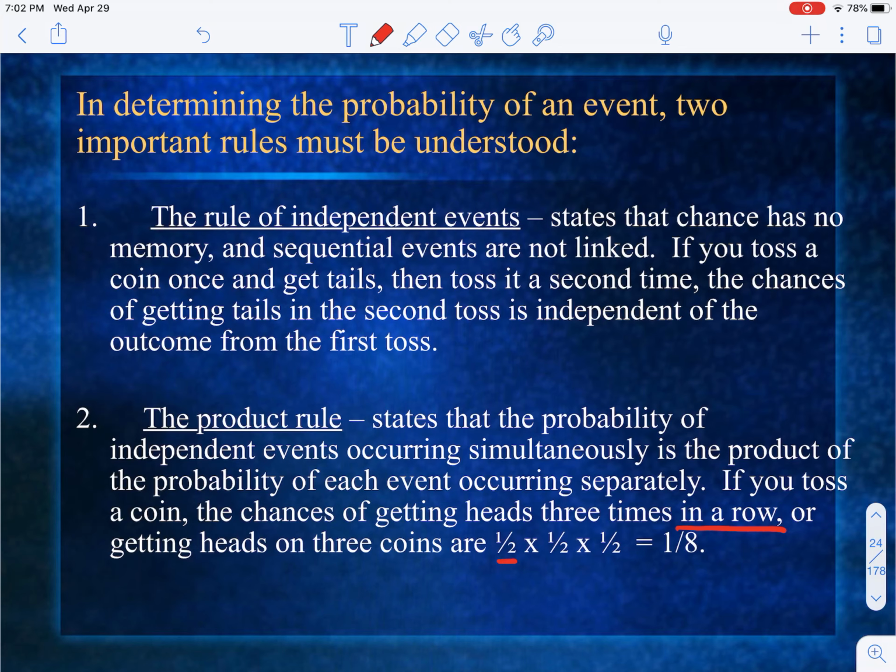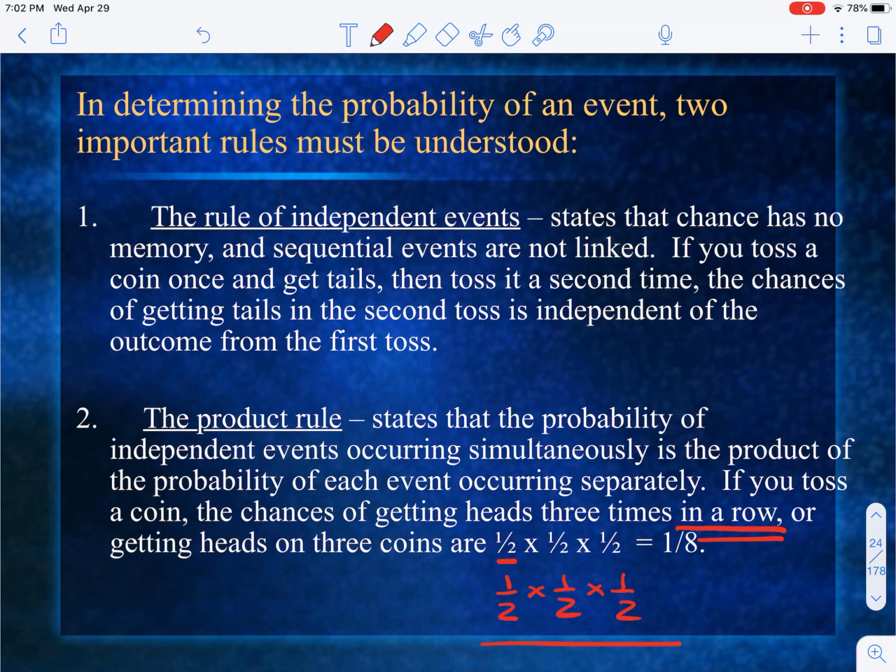So if you have this example here, it says if you toss a coin and you get heads half of the time, what's the chance that you get heads 3 times in a row? You'd have to say it's half a chance the first time I toss it, half a chance the second time, and half a chance the third time, because it is a 50-50 to get heads or tails.